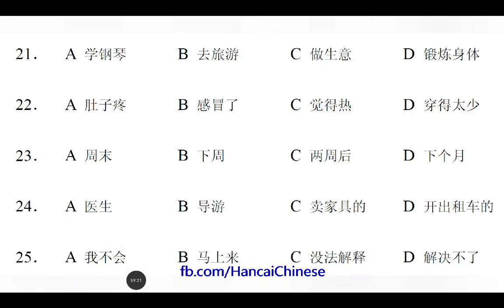The girl says, wait for me 5 minutes. 等我5分钟, so it's not related to this. 不能解决, 没解决 and 解决不了 mean can't solve.